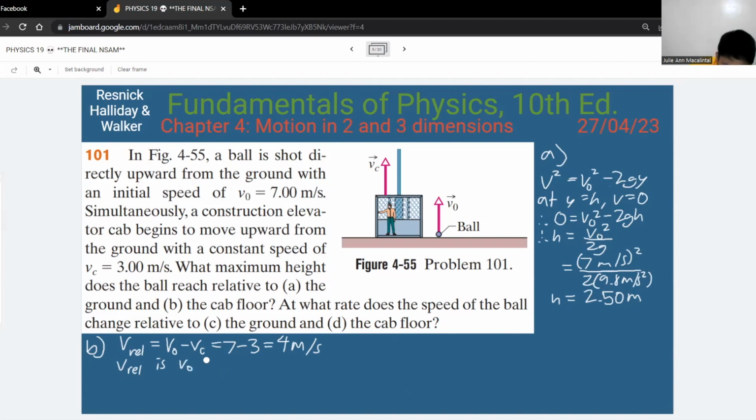So what is the velocity of the ball relative to the ground and relative to the cab floor?